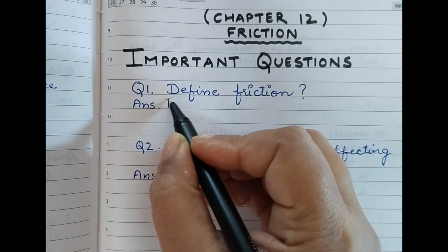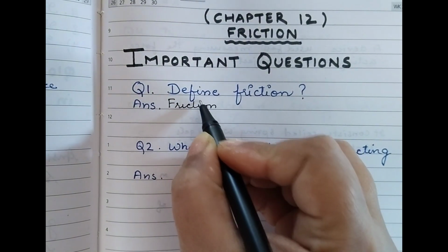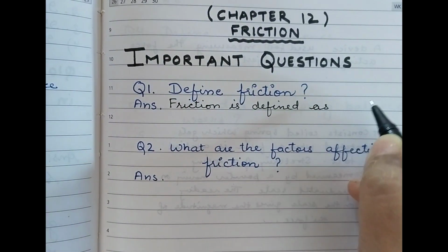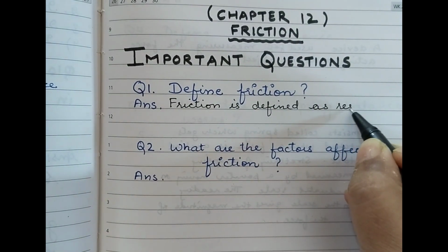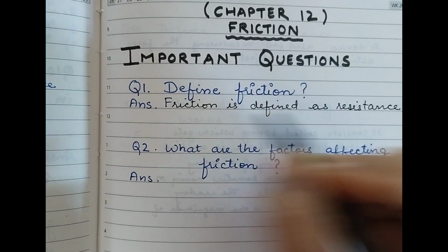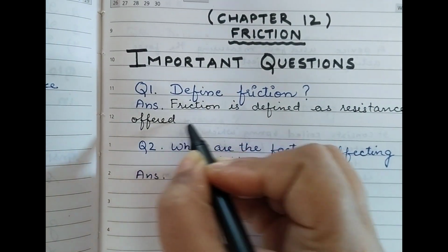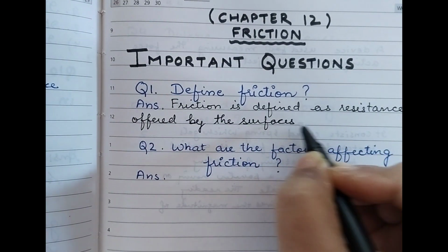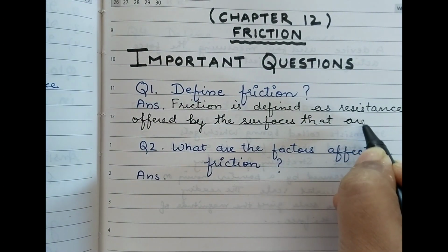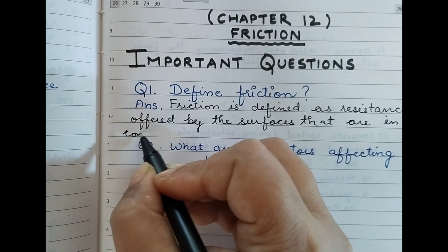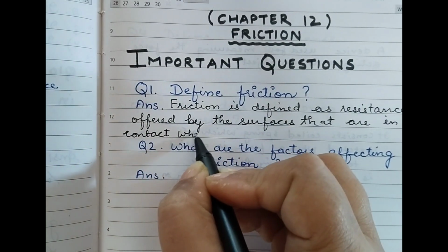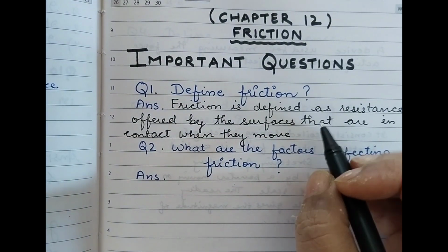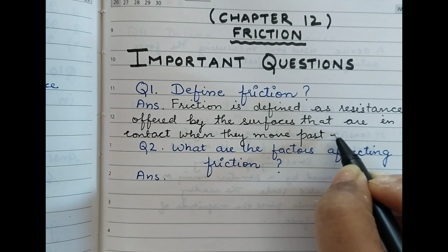Friction is defined as the resistance offered by the surfaces that are in contact when they move past each other.